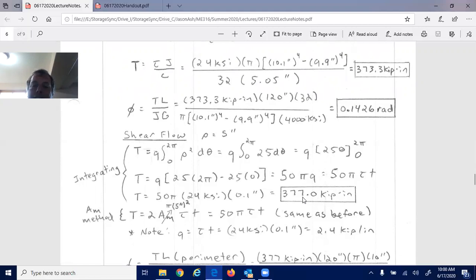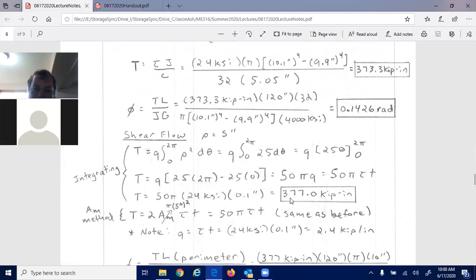And so it's not accounting for the fact that the shear stress is going to be greater as you move out to the outer edge. And so that tells you you can support a slightly greater torque than what you actually can based on the torsion formula. And so this is going to overestimate the torque that can be applied.